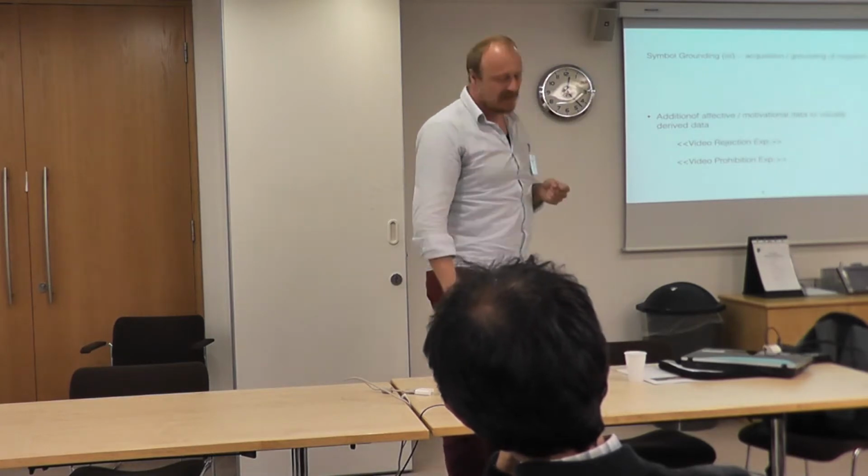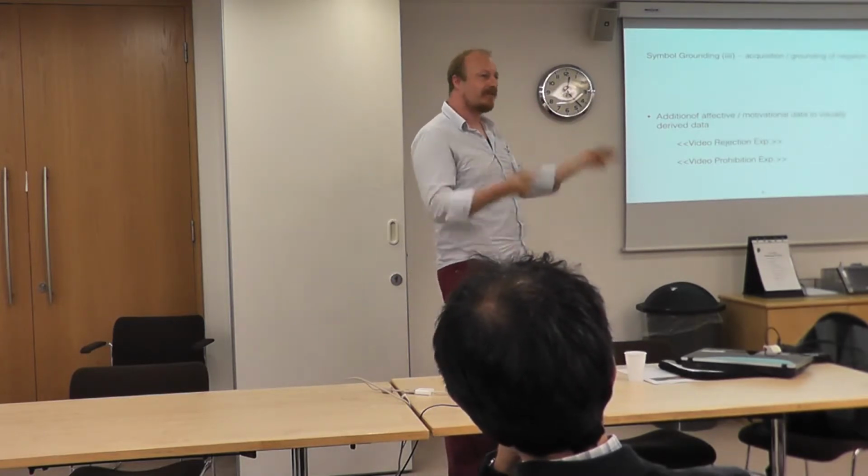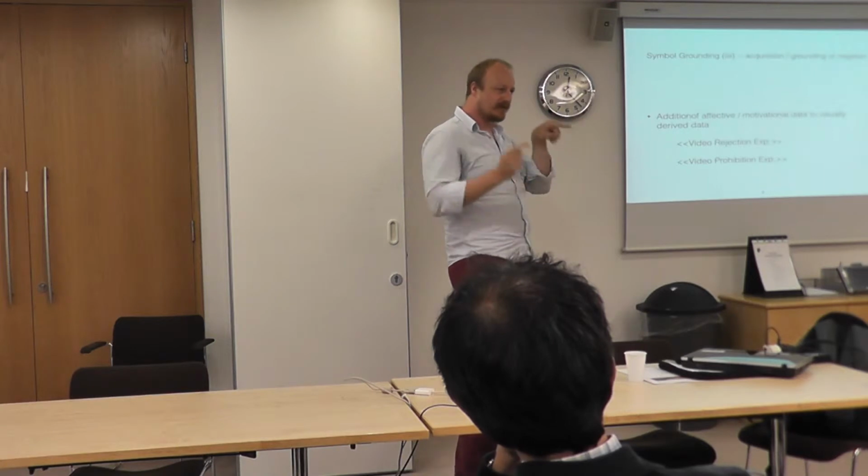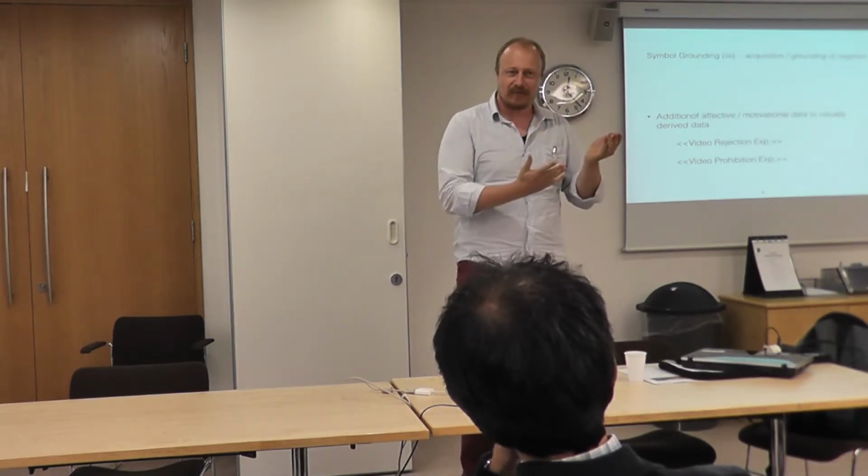If you're neutral about anything, there's no need to deny anything. So the idea was simply to extend the symbol grounding system we already had, which took into account all the vision, all the modalities of the robot, and put a motivational system in the robot, which would make it want things or not want things, and feed this data in the very same manner into the system where all the other processes come up.